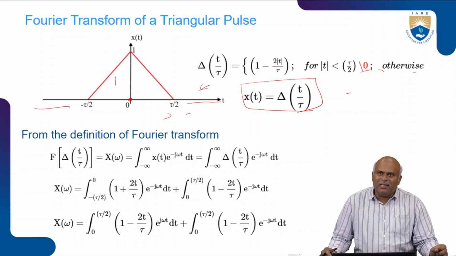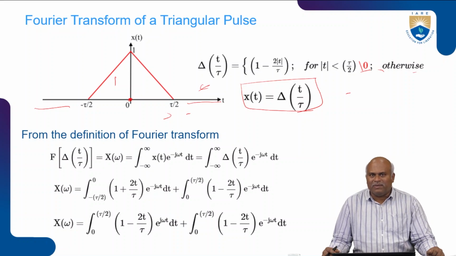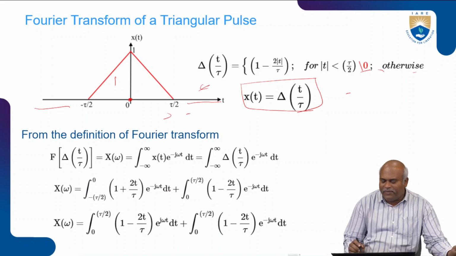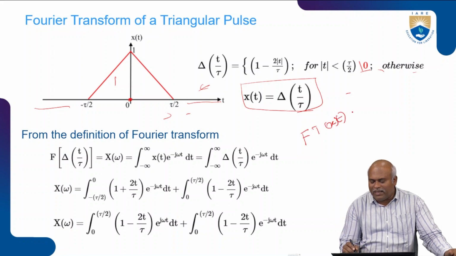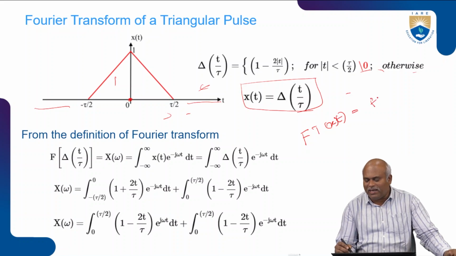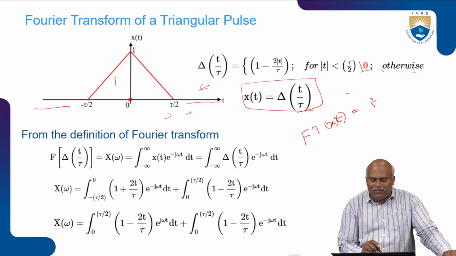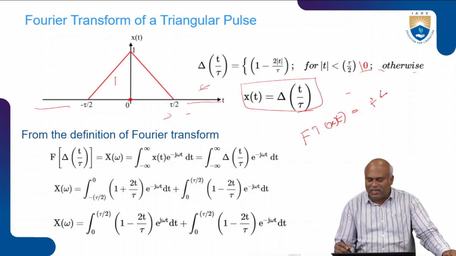From the definition of Fourier transform, F of x of t, I should write the Fourier transform of the triangular signal we received. The triangular signal is represented as triangle of t by tau.